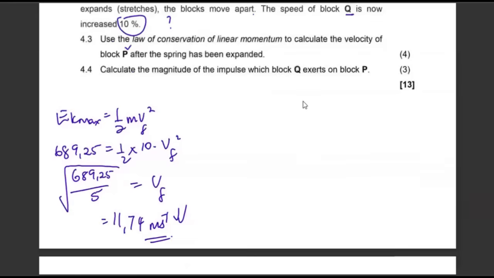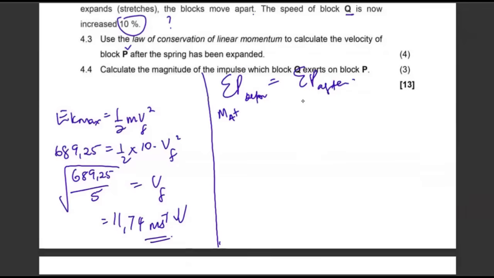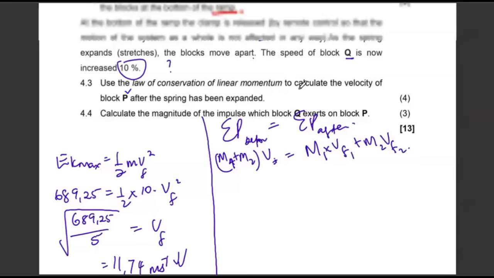So we know that momentum before is equal to momentum after. Initially they were together, so it's mass 1 and mass 2 multiplied by the velocity, equal to mass of block 1 times its final velocity plus mass of block 2 times its final velocity. What did they tell us? That the speed of Q increases.